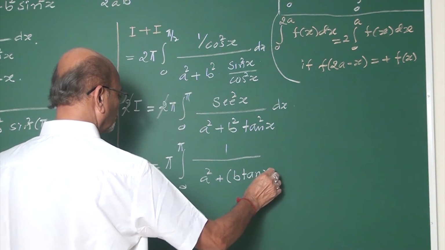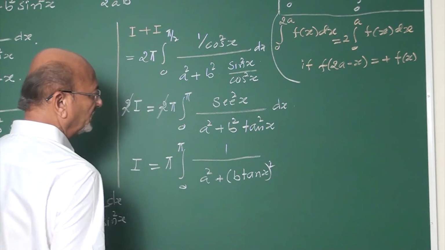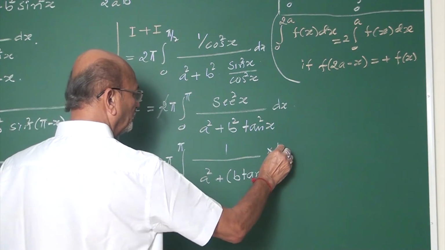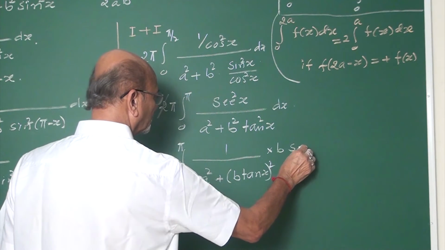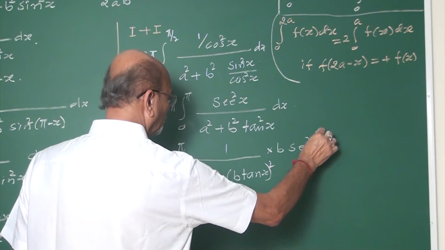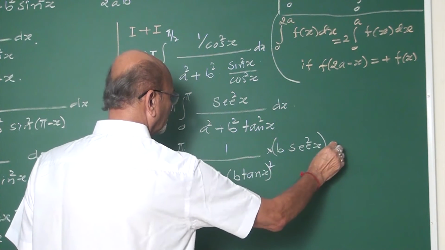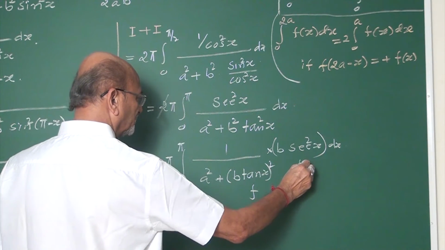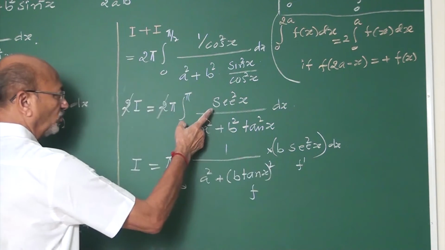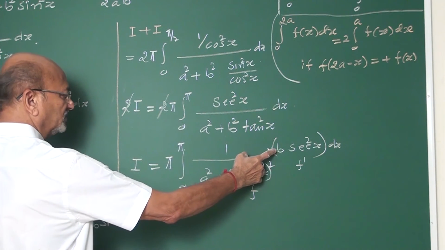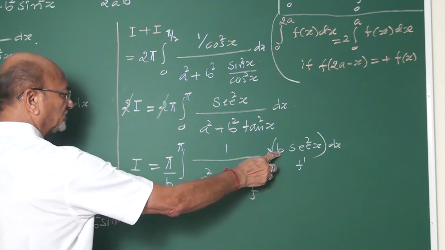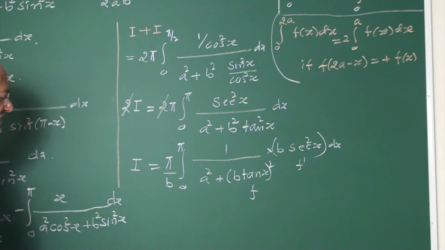B tan x whole square, into, my friend, its derivative b into sec square x dx. See, if you take this as f, this is your f dash, but you have only sec square here. This b you must balance outside.